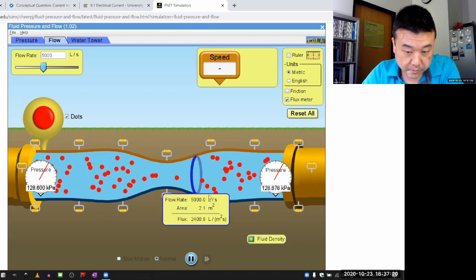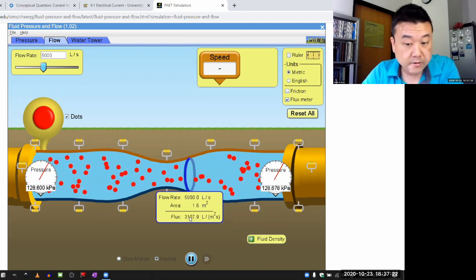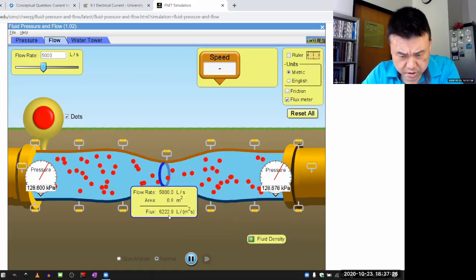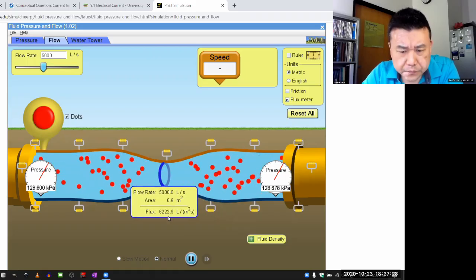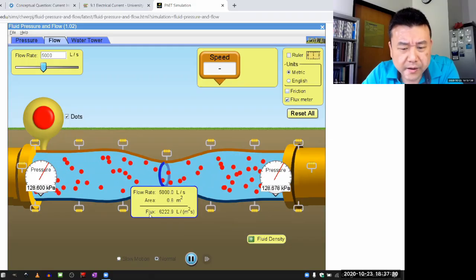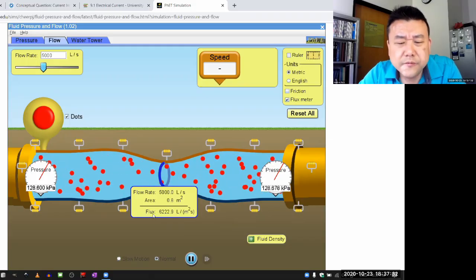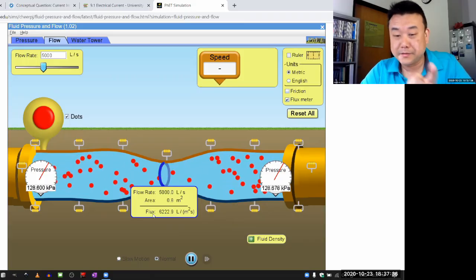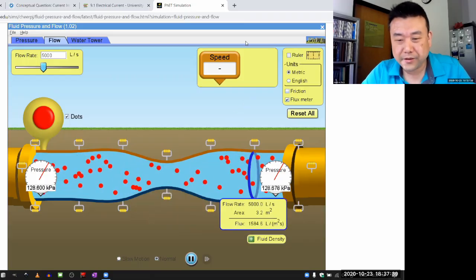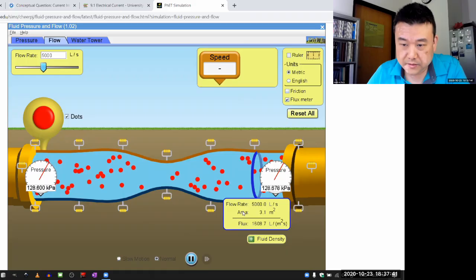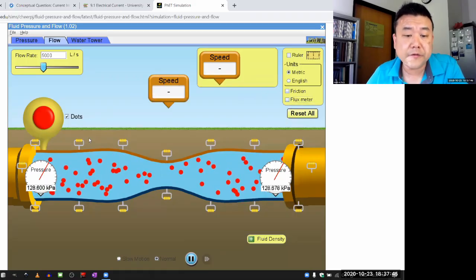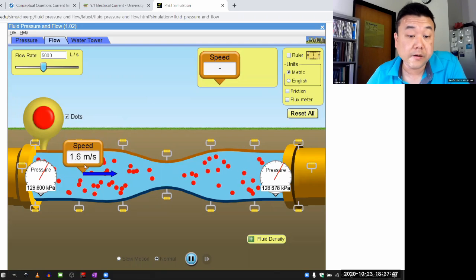And in order to keep the flow rate the same as the cross-sectional area changes, what changes is, you know what? I have no idea how they define flux. Oh, I guess the flux is the flow rate per area. So rather than flux, what I think is more useful as a physical thing is the speed of the particles.